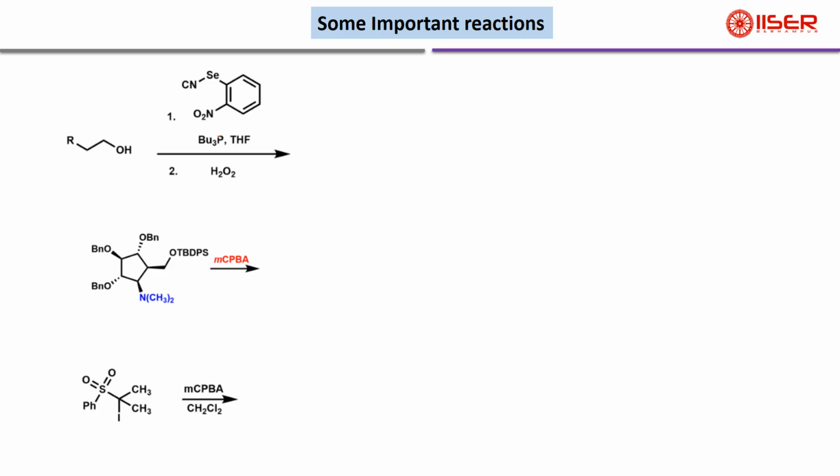So first, this oxygen will attack this phosphorus, forming a bond, turning the OH oxygen into a good leaving group.